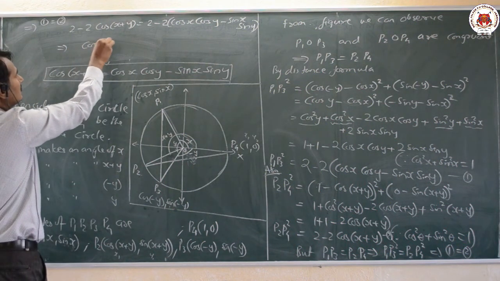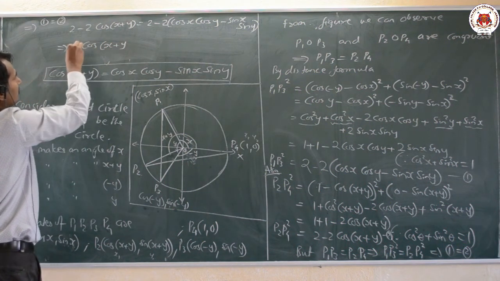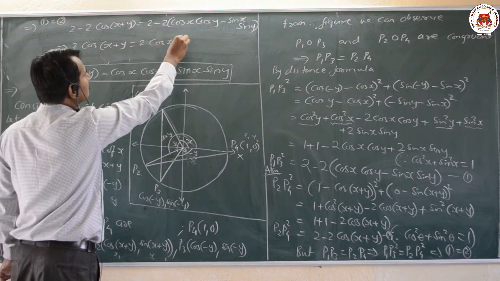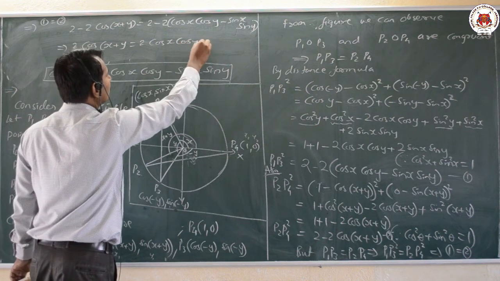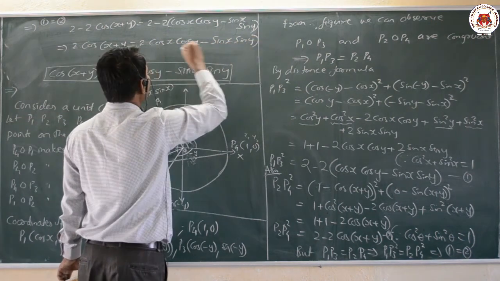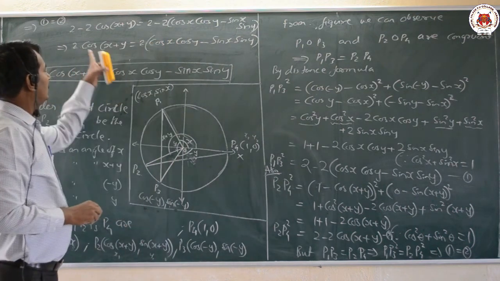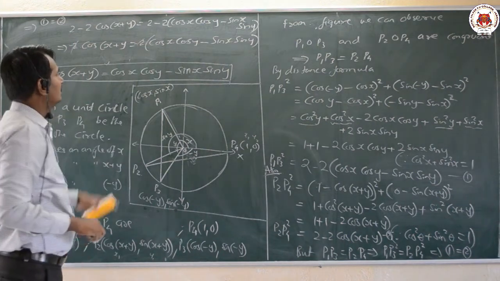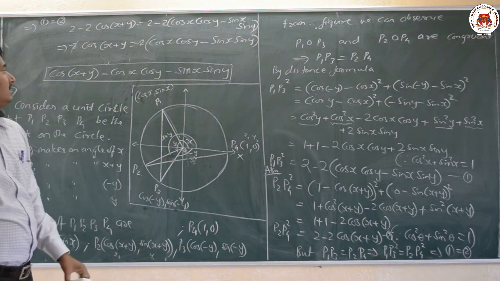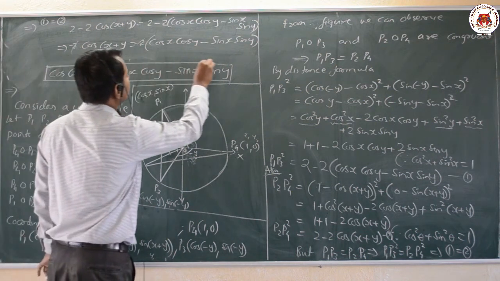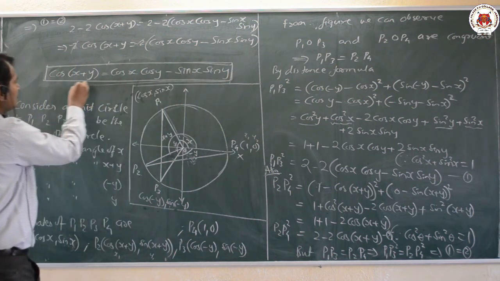What we get is cos of x plus y equal to cos x cos y minus sin x sin y. That is the required result.